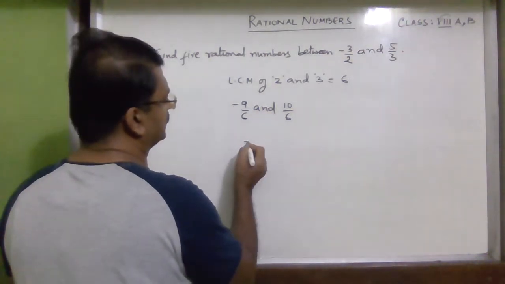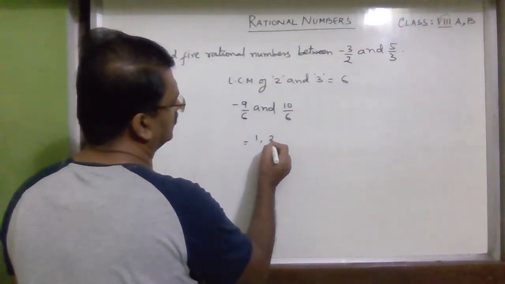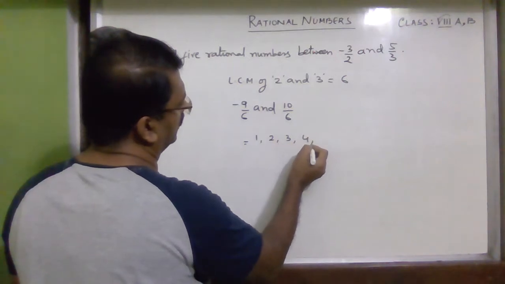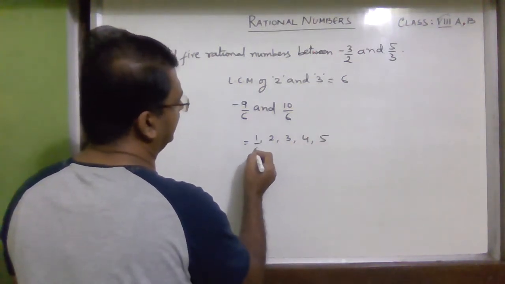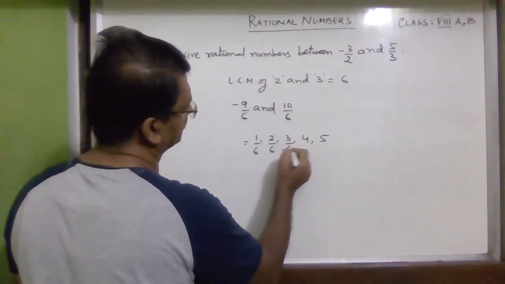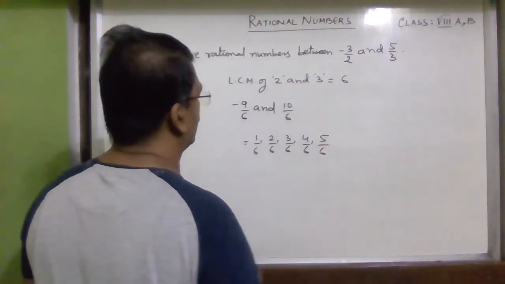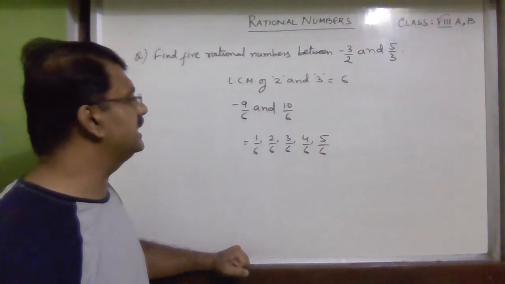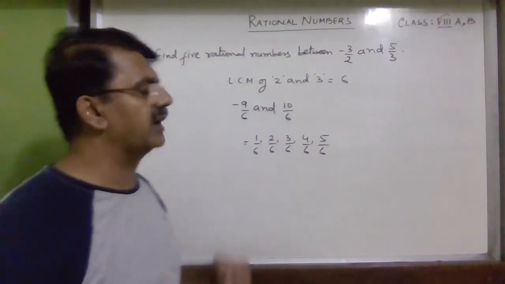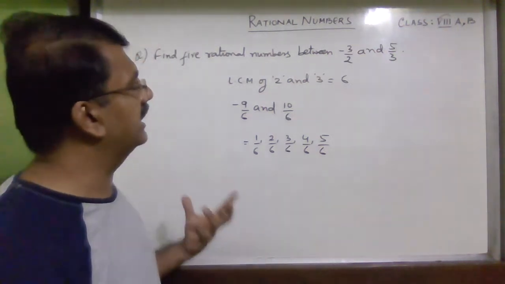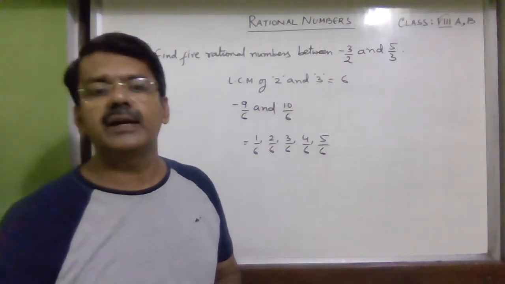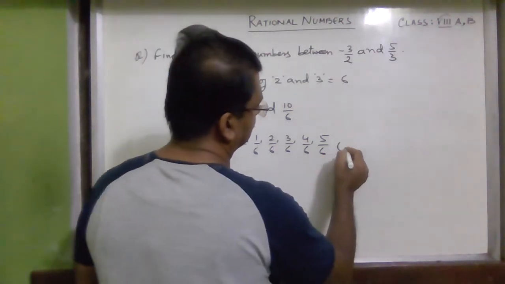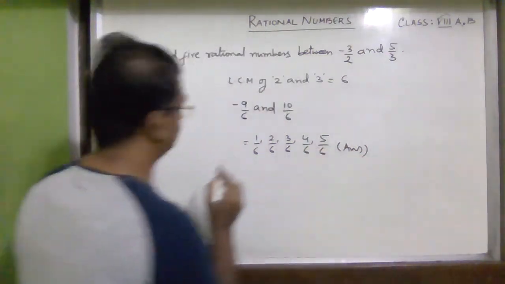So I'll take all positive, means 1, 2, 3, 4, 5, and divide each number by 6. So 1 by 6, 2 by 6, 3 by 6, 4 by 6, and 5 by 6. These are the 5 rational numbers that lie between -3 by 2 and 5 by 3. So that is your answer.